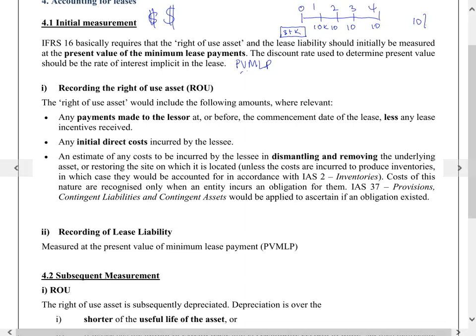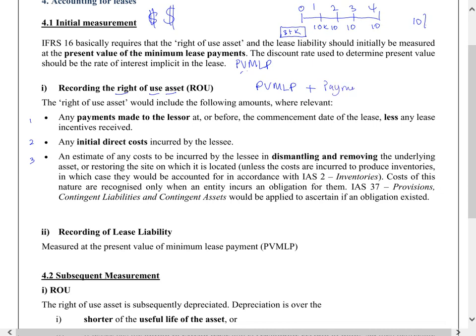Means I have bullet point number 1, bullet point number 2, bullet point number 3. So how much should I recognize as my asset? It will be present value of minimum lease payment plus any payment made to the lessor.